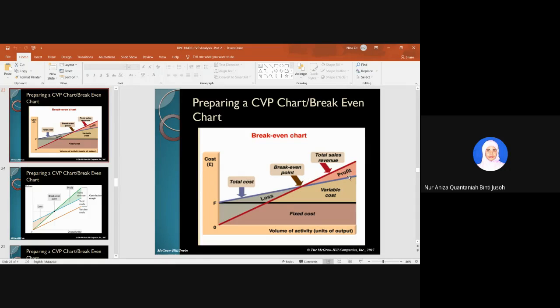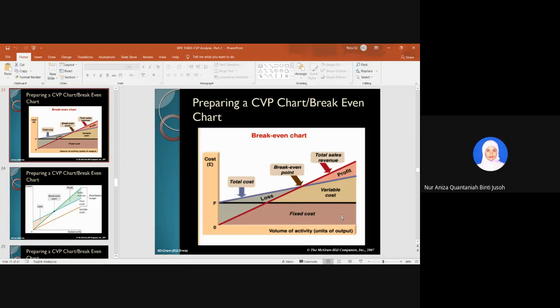The area between the total cost and the sales revenue is the profit area, and the area between the blue line and the red line on the other side is the loss area. Mark them. The area under the total cost line and above the fixed cost is the variable cost area. And the area under the fixed cost line down to zero is the fixed cost area.